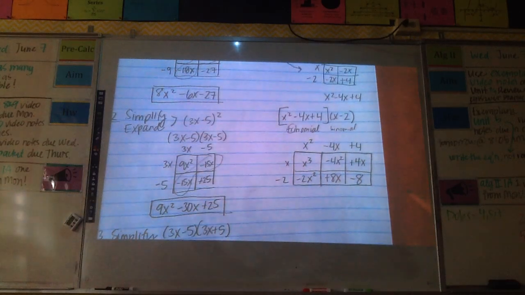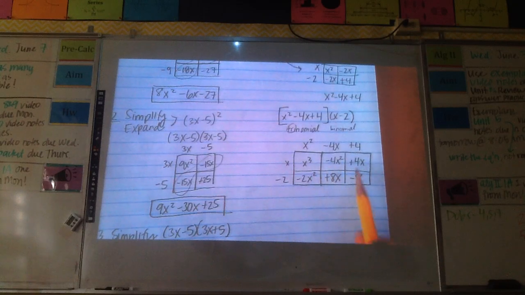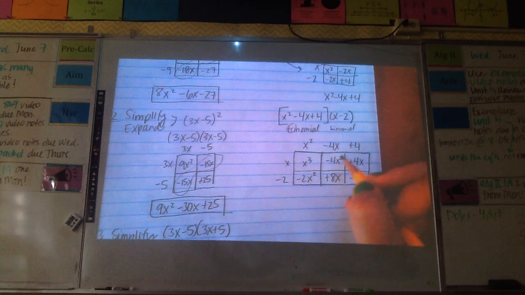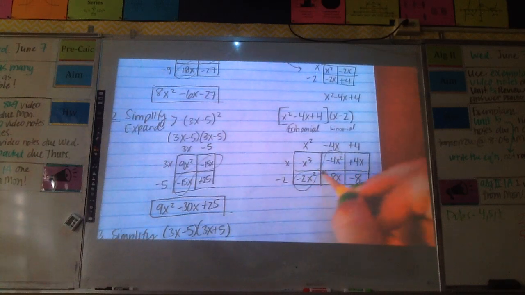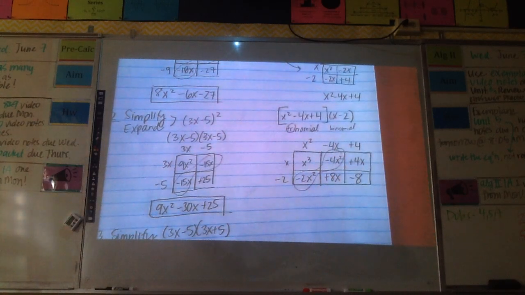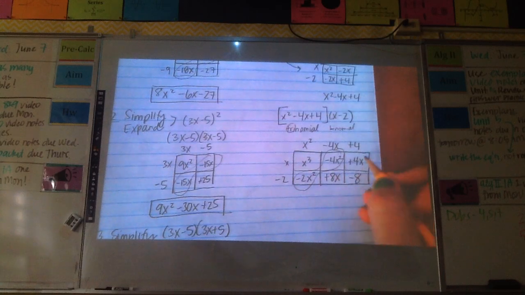I'm going to double check my math, try to catch any sign errors. Okay, that looks right. Now, again, I'm hunting for like terms, x cubed. Don't see any others of those. X squared. Oh, here's an x squared, so I can combine these two. And here are some x's. I can combine these two.